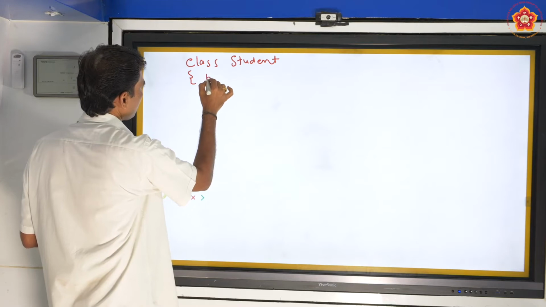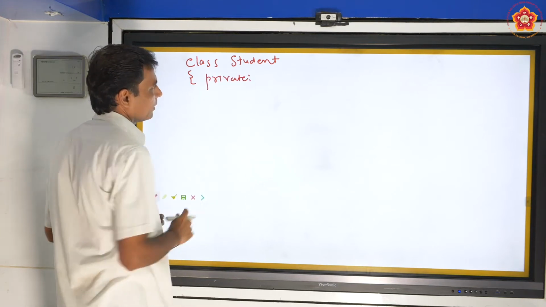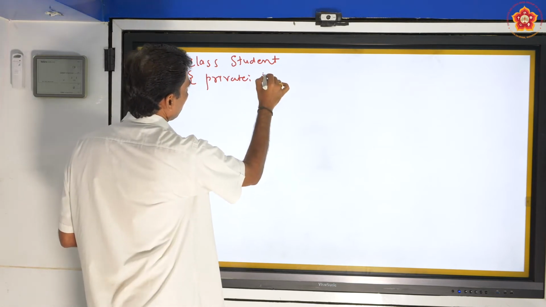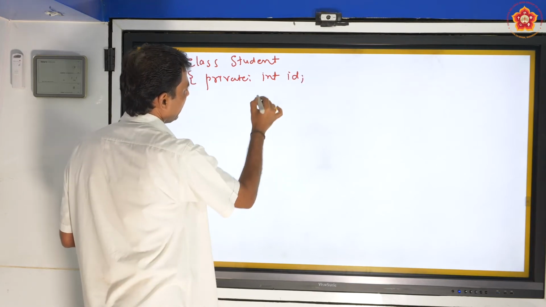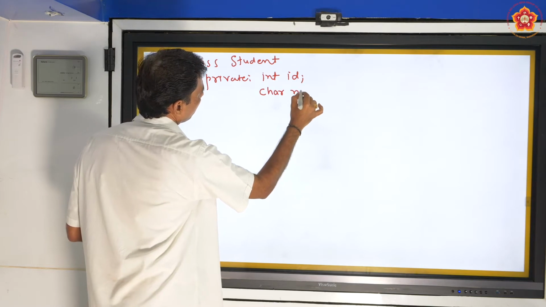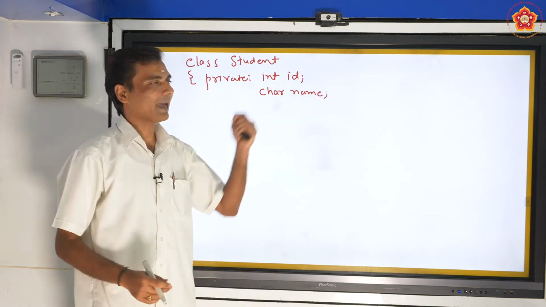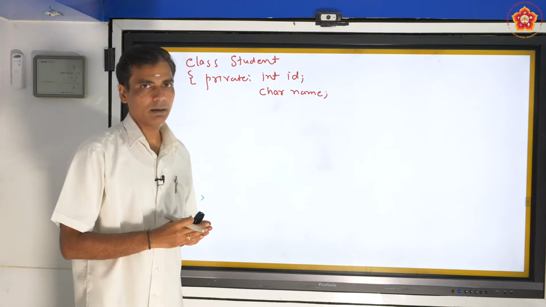I am keeping this example very simple because we want to understand the technique of this pointer. So for ID I am declaring one data member as id, and for name I am simply declaring one character variable name. I am not declaring a character array here.